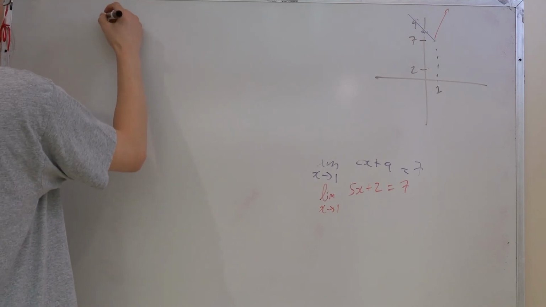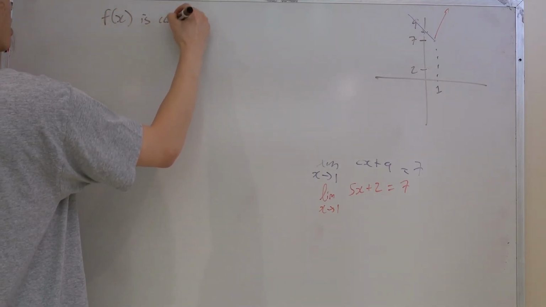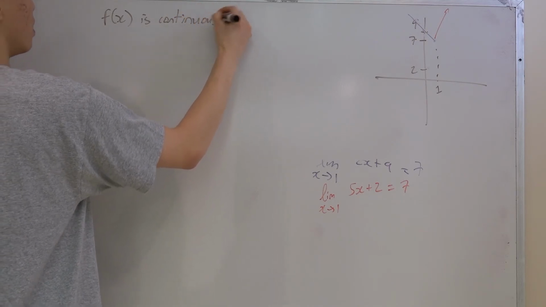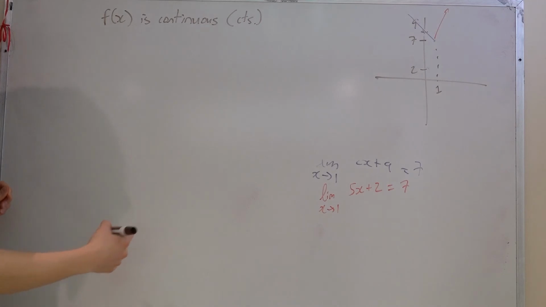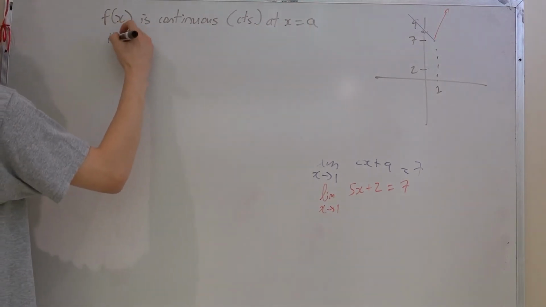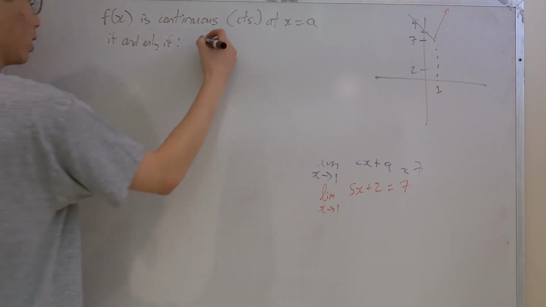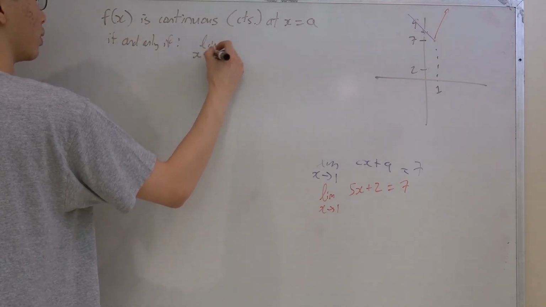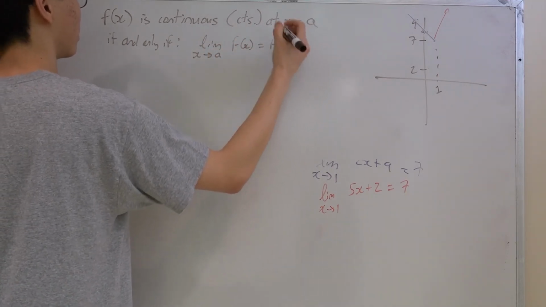Which is that the function f of x is continuous, and in the future for continuous, I'll write CTS, at x equals a if and only if the limit as x approaches a of f of x is equal to f of a.